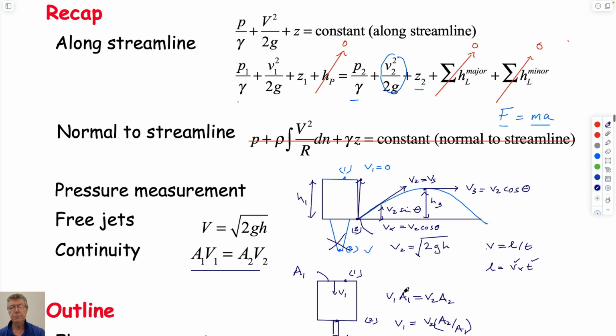And then when we use Bernoulli, we throw this in, so that we've got something in terms of V2 and 2 areas, which we know, and something in terms of V2 and no areas that we don't need to know. And so we've immediately taken care of the fact that when we solve this equation, we have 2 unknowns in Bernoulli, and we get rid of it.